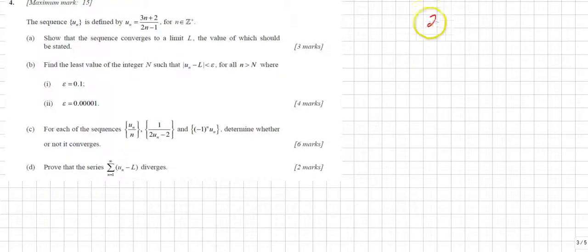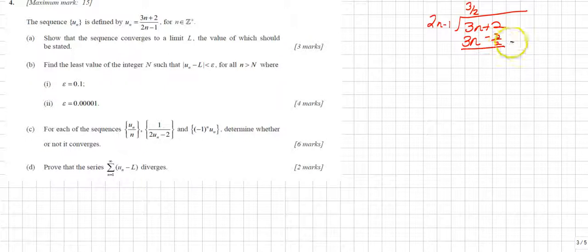So what I'm going to do is take 2n - 1 and divide it into 3n + 2. Well, 2 goes into 3 3/2 times. So 3/2 times 2n will give us 3n. 3/2 times -1 will give us -3/2. And then you subtract.